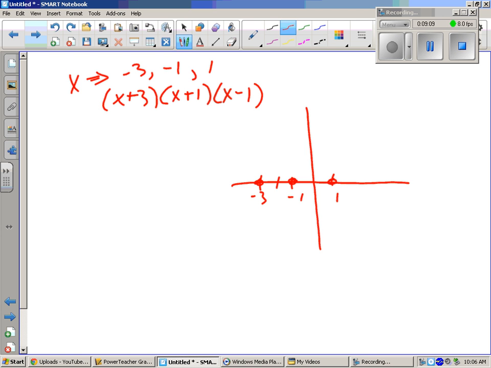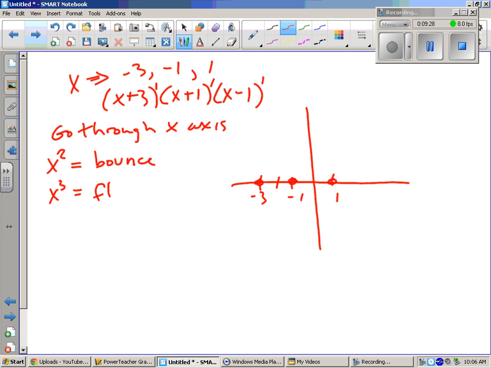Okay, from here, they're all powers of 1, so that means I go through the x-axis. Okay, what if it was a power of 2? Power of 2 means I'm going to bounce off the x-axis. Power of 3 means we flatten out and then go through the x-axis.